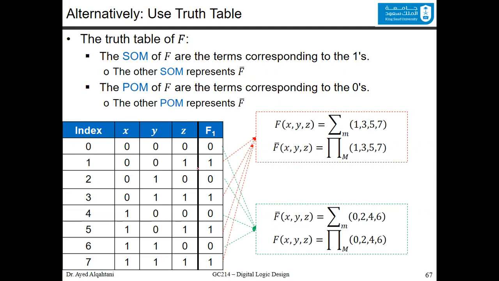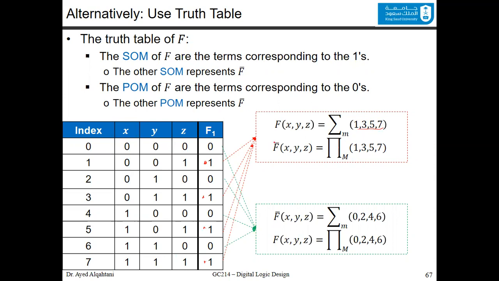To see this, let's start with the ones in the truth table and get the minterms. You know that we have 4 ones here. We get the minterms, which are 1, 3, 5, and 7. Now, this is for the function f.